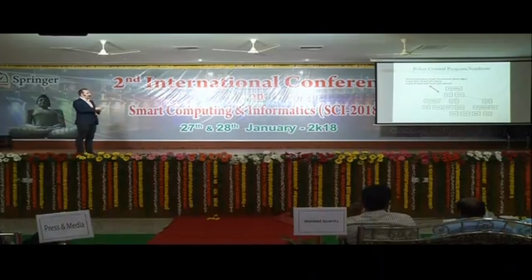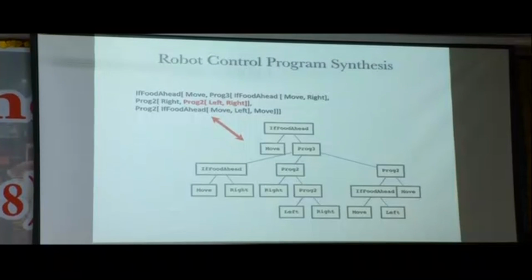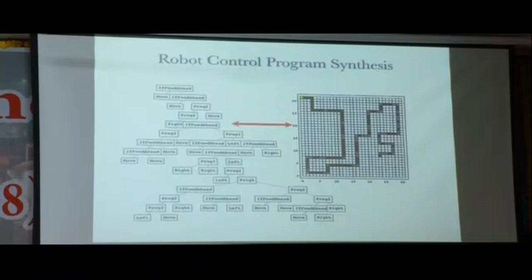This is the final program which was synthesized with analytical programming. You can see only a few lines, and there is some recursive process. With these commands, the robot can quickly go through a trail with obstacles, and it's autonomous, so you don't have to control it. You just load this, and you get the result.